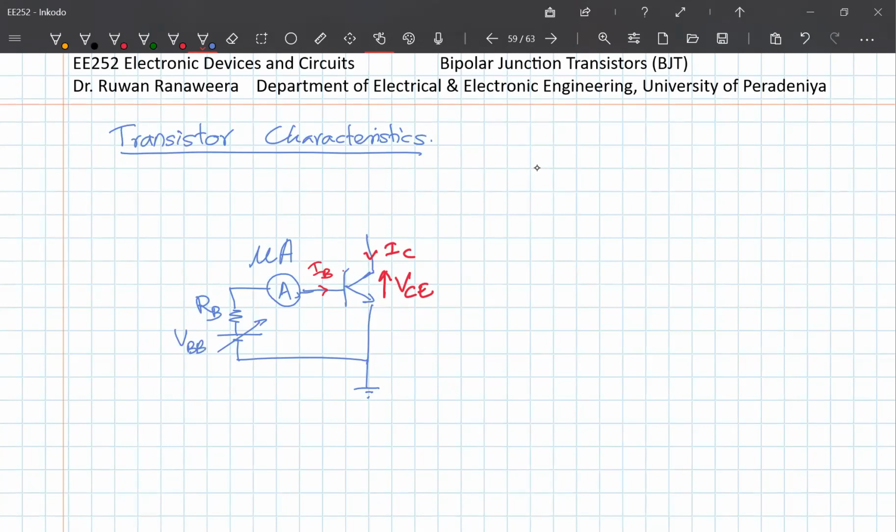Forget about the rest of the circuit. Look at this first.